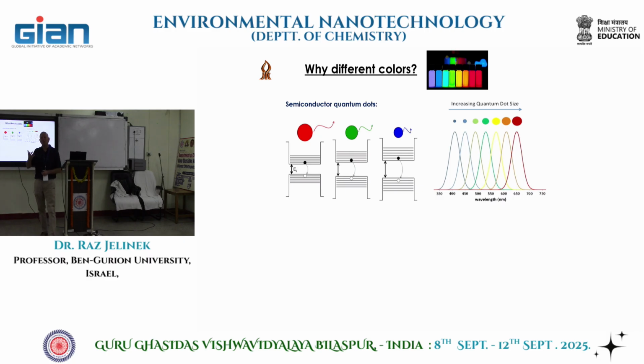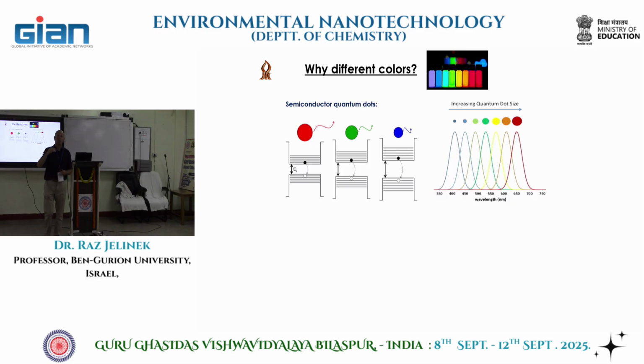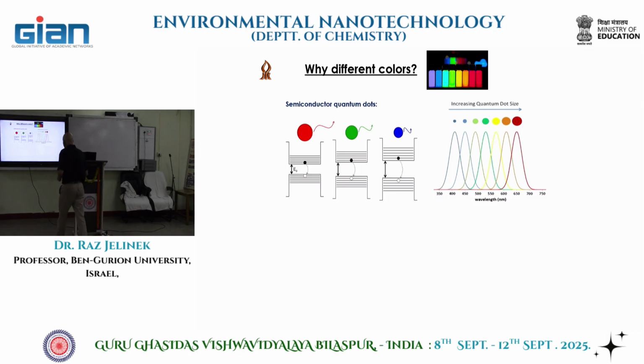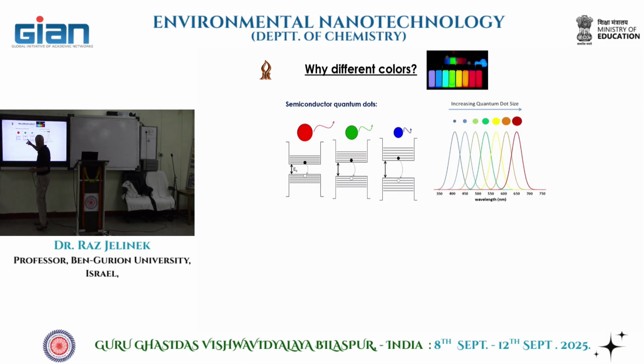Semiconductor quantum dots are the first nanoparticles that people discovered about 50 years ago. The color of semiconductor quantum dots is related to the size. If you have a big size, you excite the electron to a low level, it goes back, it gives you red color, and this one gives you blue color. But it gives you color.